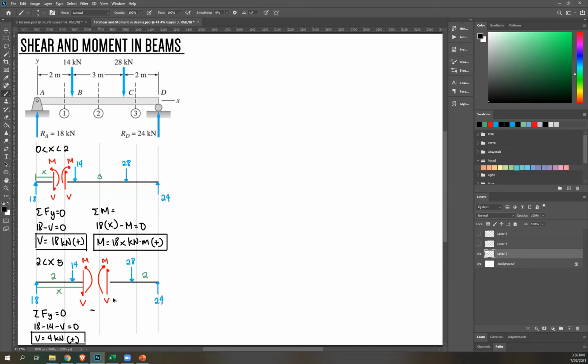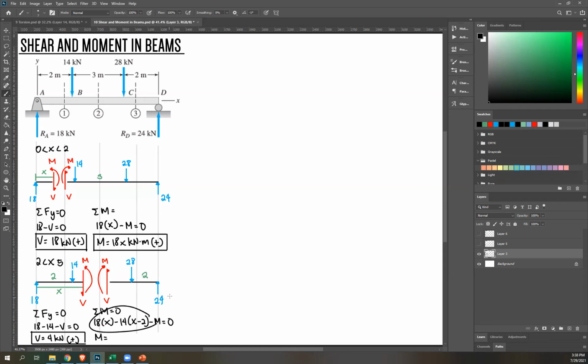Then moment. 18 times x. And then 14 is counterclockwise, so negative 14. The distance of 14 to this side is x minus 2. So x minus 2. M is counterclockwise, so minus M equals 0.